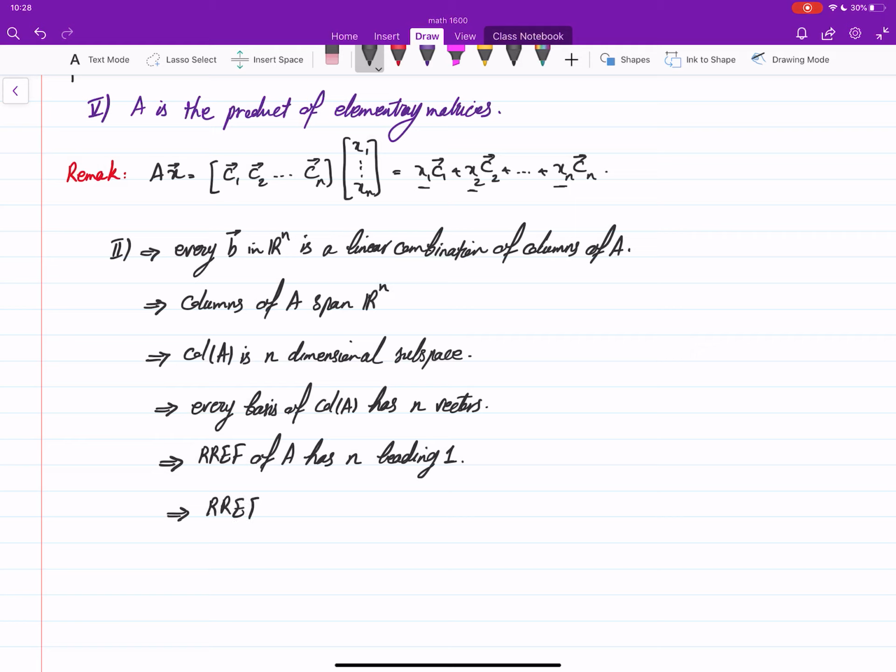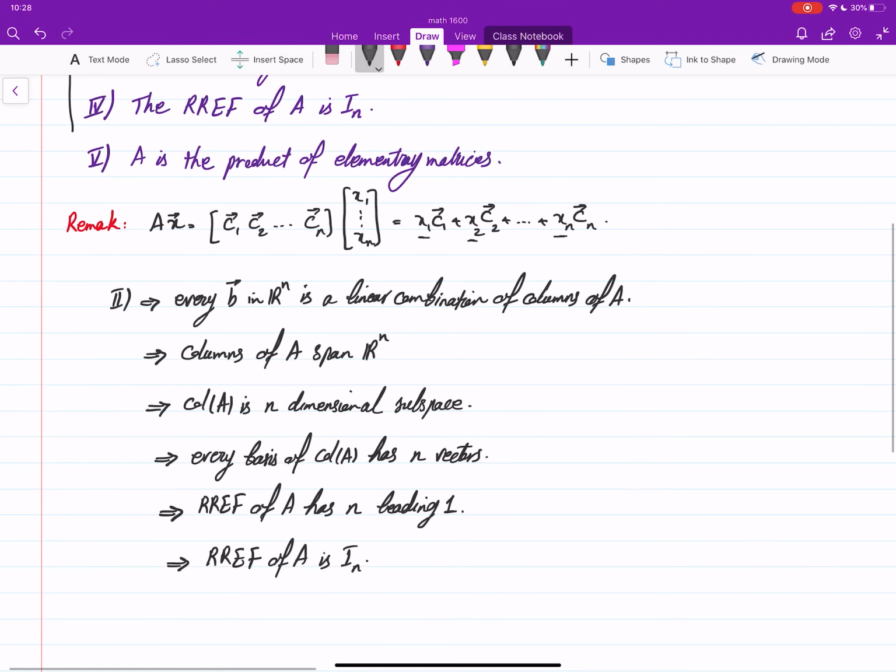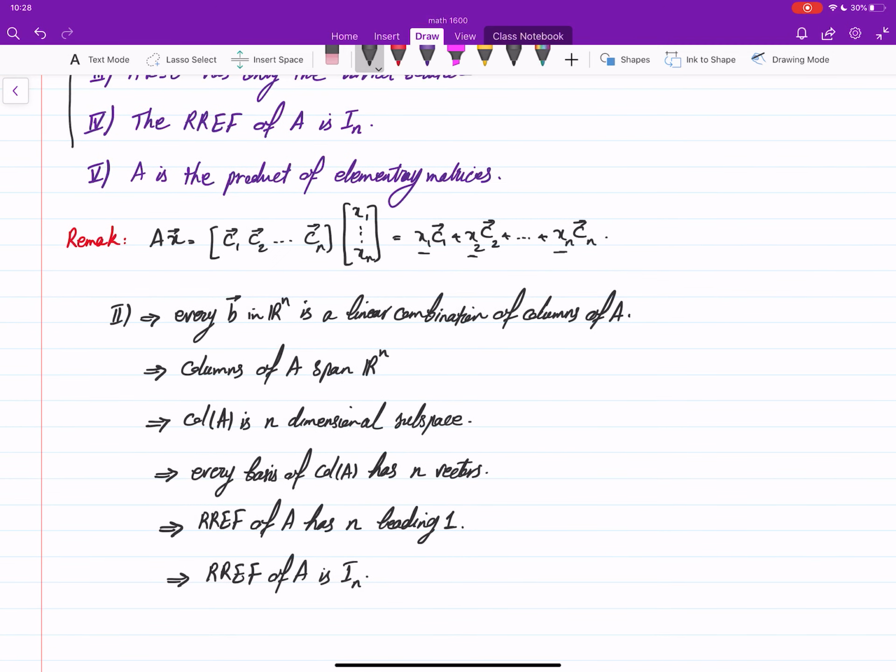So the reduced row echelon form of A is the n by n identity matrix. And this is condition 4, and we know that it is equivalent to condition 2. Since this statement goes around, it means that all these statements here are equivalent.